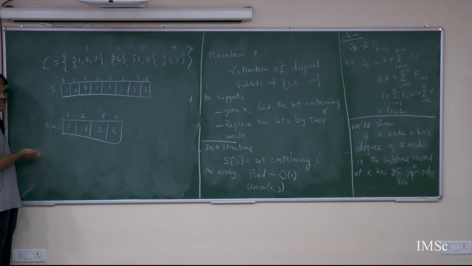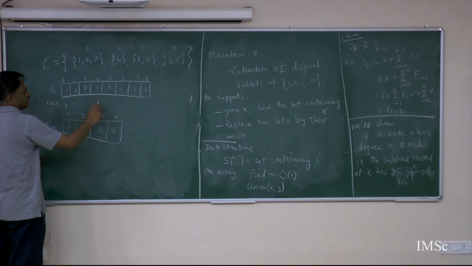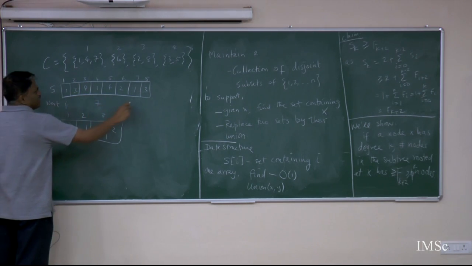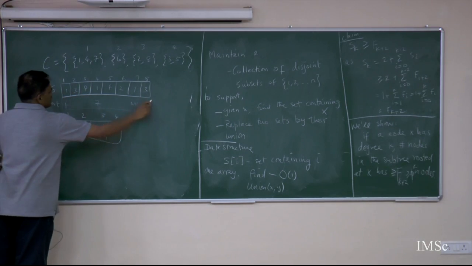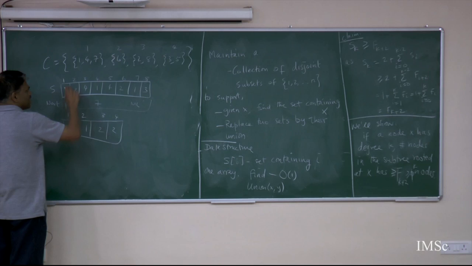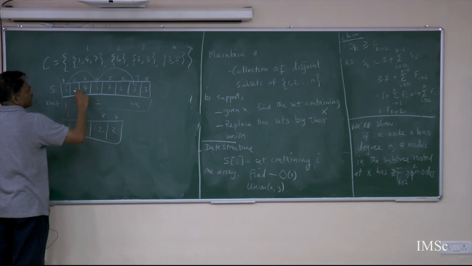So let's create a linked list here. Maybe store the sets in a linked list, so you don't have to scan the entire array. Who is the next element of 1 here? That's in location 4. The next element of 1 is in location 7, and this will be a nil pointer. And 3 will be linked like this.